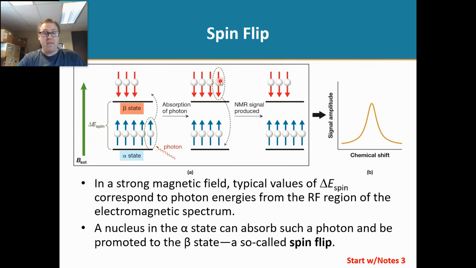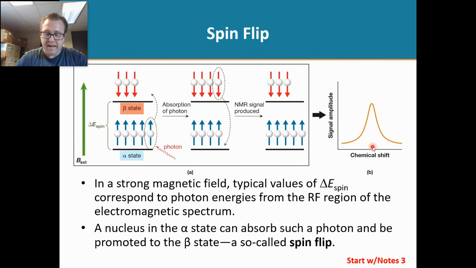And then when that excited nuclei relaxes back down, it's going to emit a photon of light in the radio frequency range, which the computer and the detector will detect. So that right there, the spin flip, is just another name for resonance.